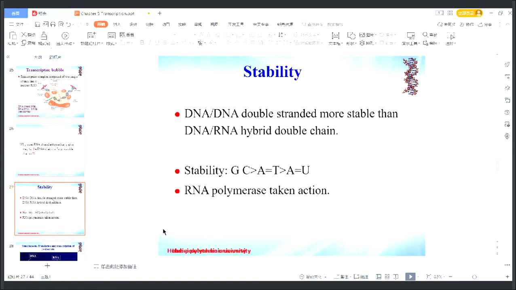And another one is that RNA polymerase also takes action. Later, the RNA strand divides from the template strand.